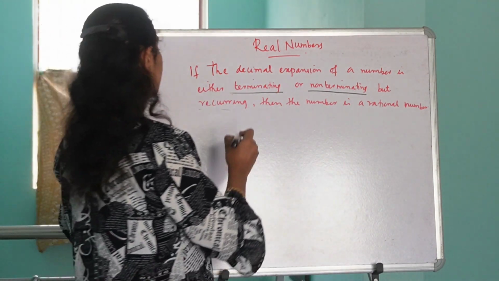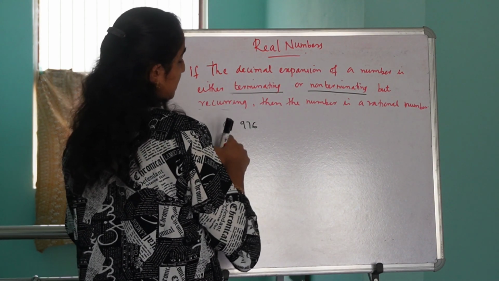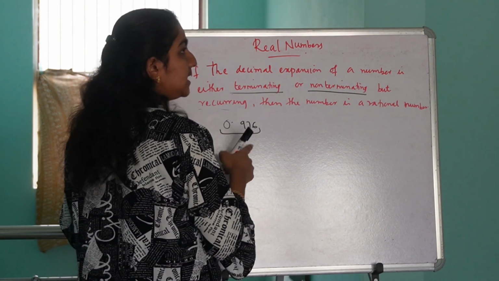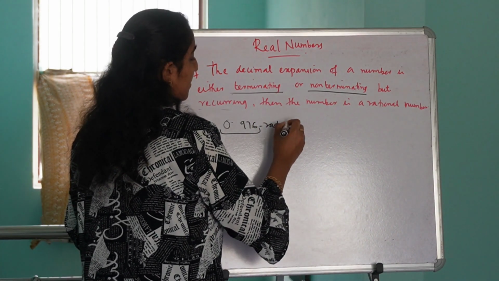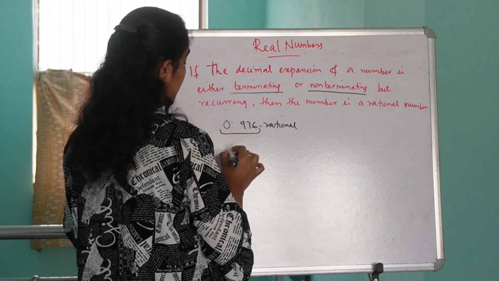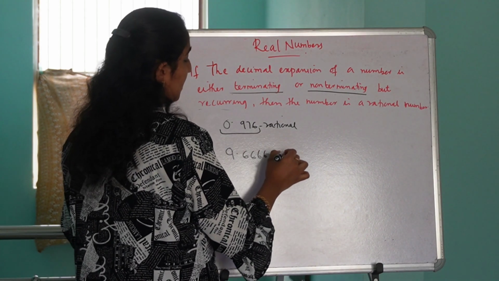Say for example, 0.976. This is a terminating decimal number. So we can say this is a rational number. Again, 9.666, it goes on.